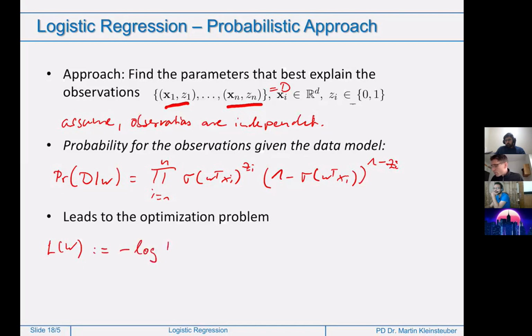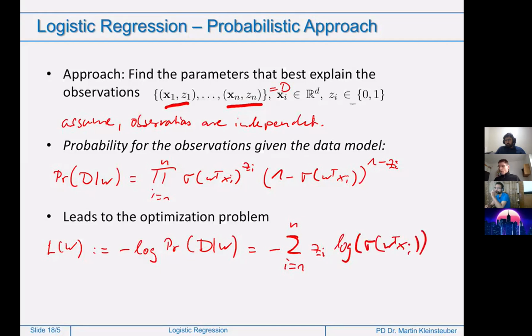minus logarithm probability of D given W, which is minus the sum i is 1 to n, zi times logarithm of sigma W transpose xi, right, plus 1 minus zi times logarithm of 1 minus sigma W transpose xi.